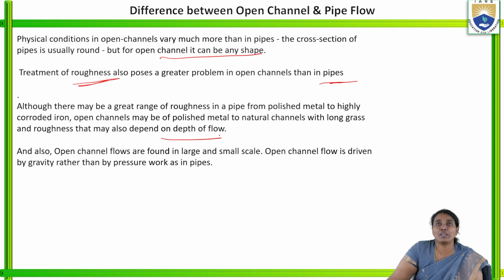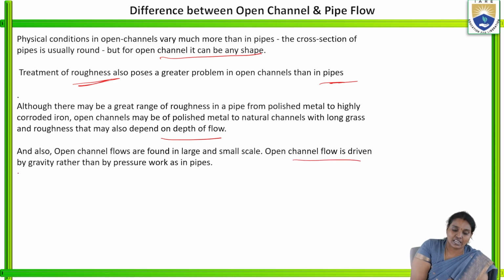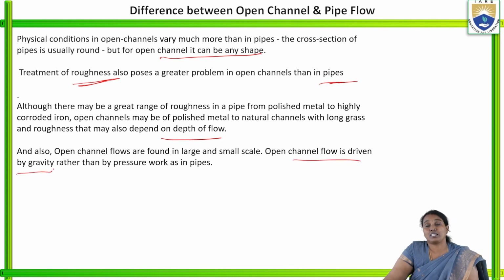Also, open channel flows are found on large and small scales. Open channel flow is driven by gravity rather than by pressure work as in pipes. So in open channels the flow is driven by gravity. It depends upon the channel bed, and sometimes the slope of the channel bed.